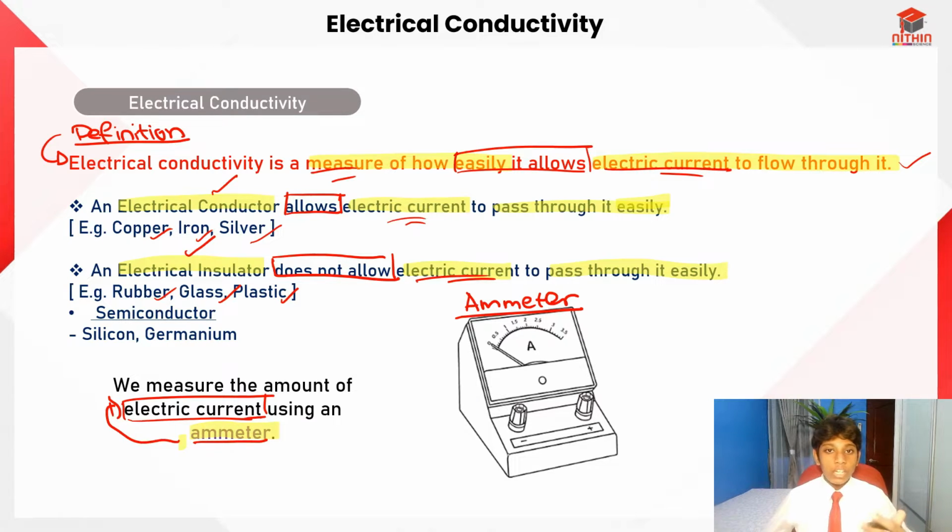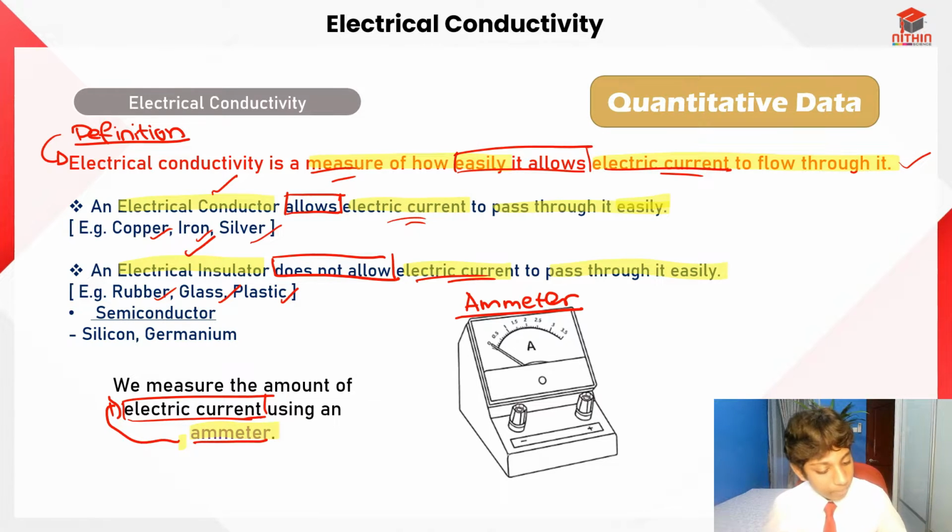Quantitative data means that we are using instruments to collect the data, instruments such as the ammeter over here, or the ruler, and many more. While qualitative data is by using our 5 senses to take the data. Over here we can clearly see that it is quantitative data.